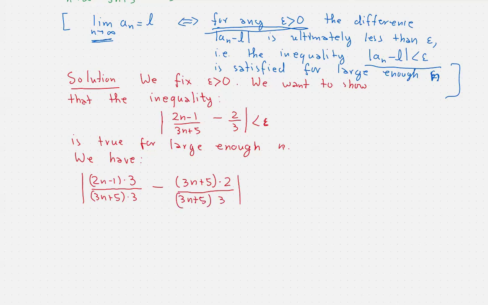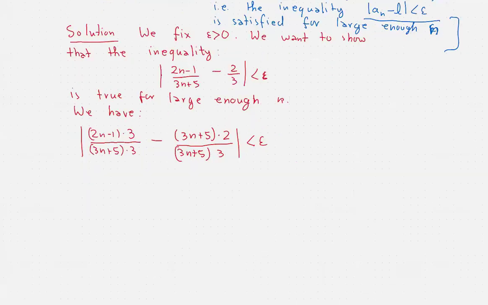So the next step is let's put everything in one fraction. So we will have 2n times 3, that's 6n, minus 3. And now be careful here, you have to put all of this in a parenthesis. So do the multiplication, that will give you 6n + 10 over (3n + 5) times 3 being less than epsilon.